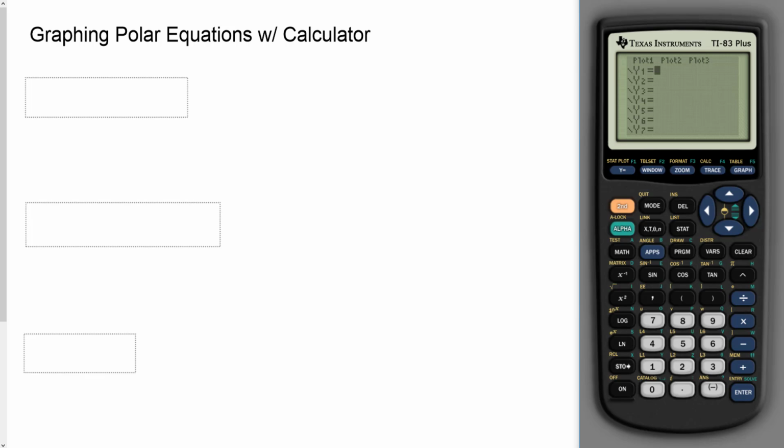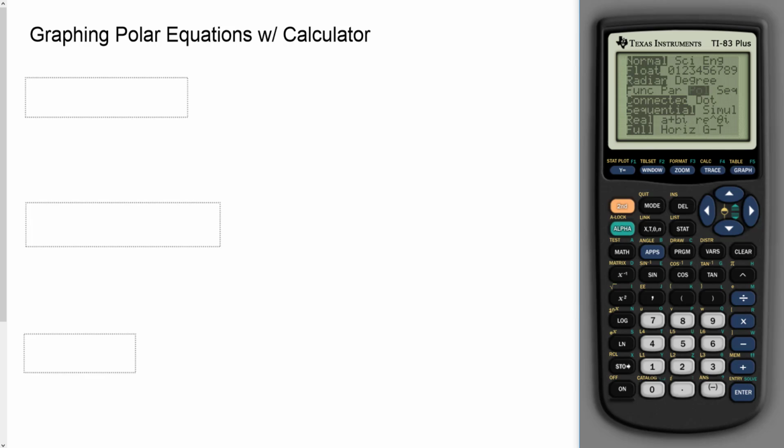Well, the calculator can do this, but you have to go under your mode settings. And it's probably best that you stay in radians, although it's not really necessary, but generally it's a good habit to be in. And the next item down says function, PAR, which stands for parametric, and POL, which stands for polar.